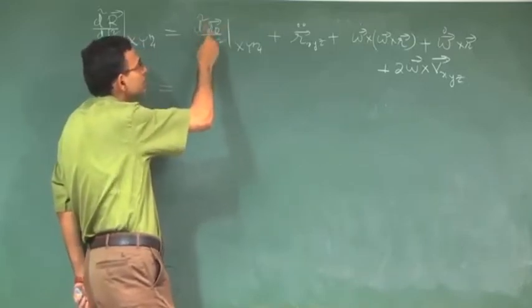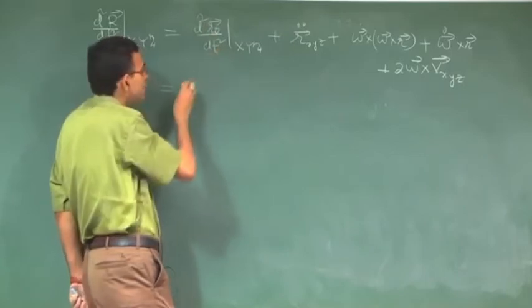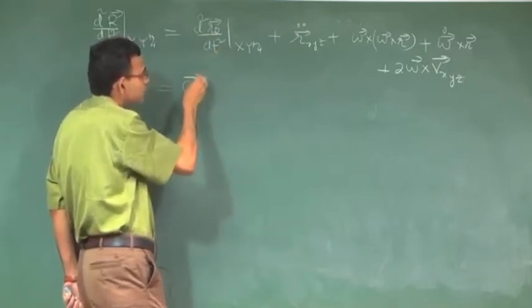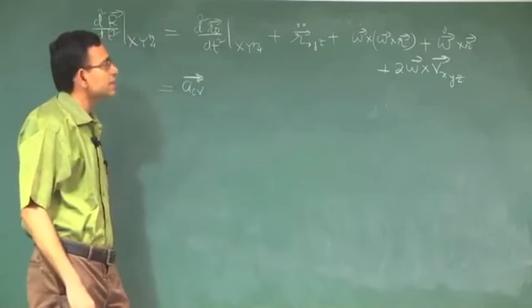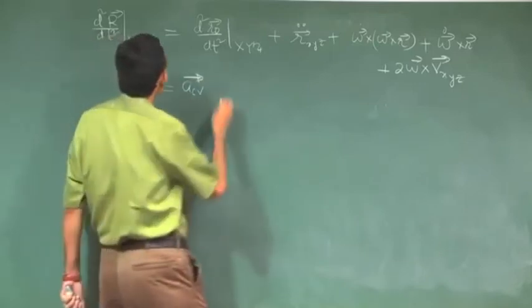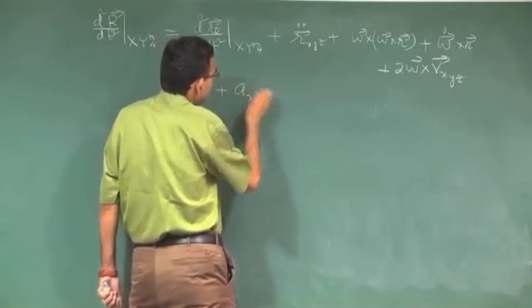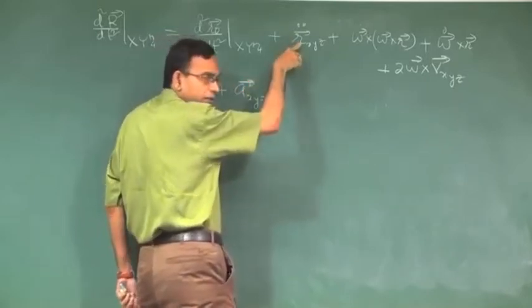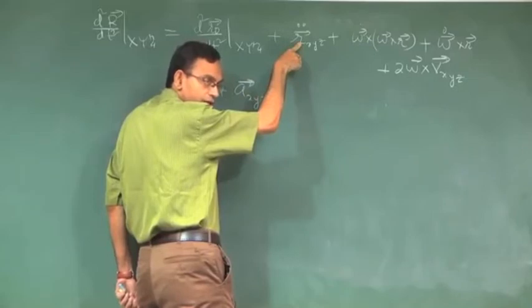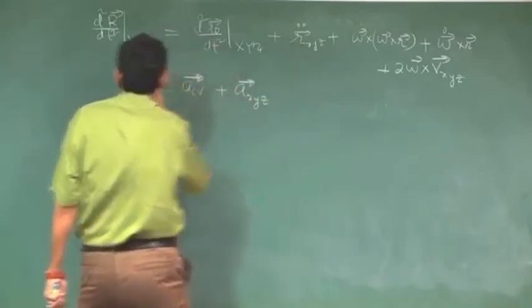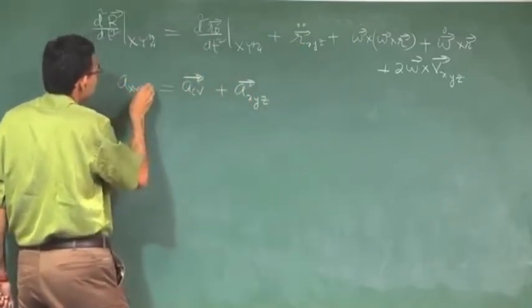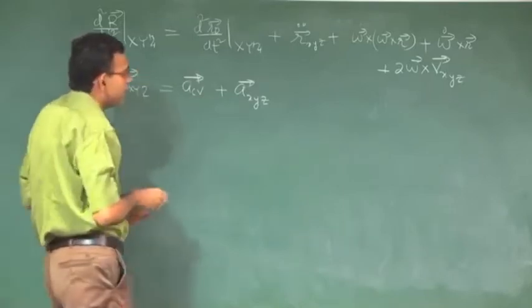So its second derivative with respect to time is the acceleration of the control volume itself, linear acceleration. This is nothing but acceleration of the point P with respect to small xyz, and this is acceleration of point P with respect to capital XYZ.